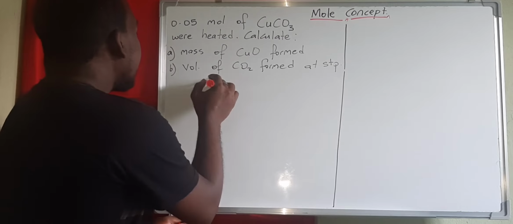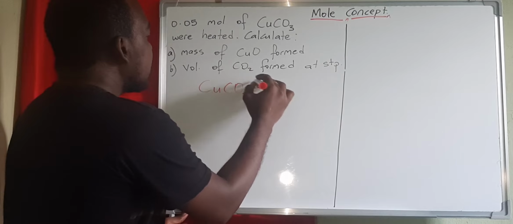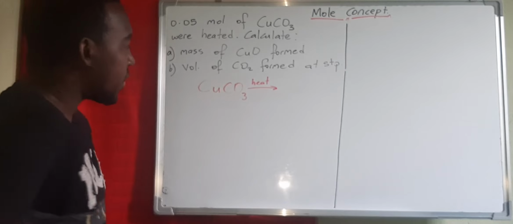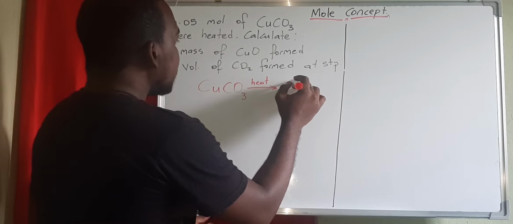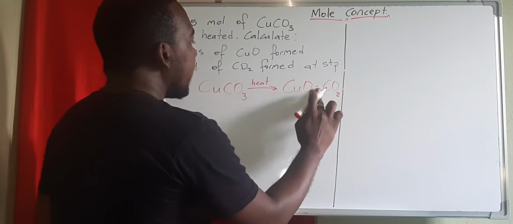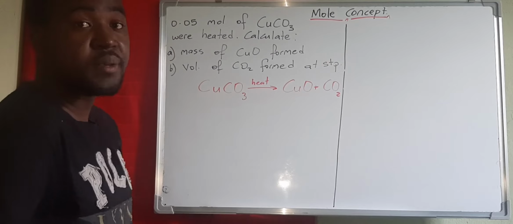So once copper carbonate is heated, that means this is decomposition, right? We only have copper carbonate on our reactant side. It's now broken up into copper oxide and carbon dioxide. All right, so that's our chemical equation.